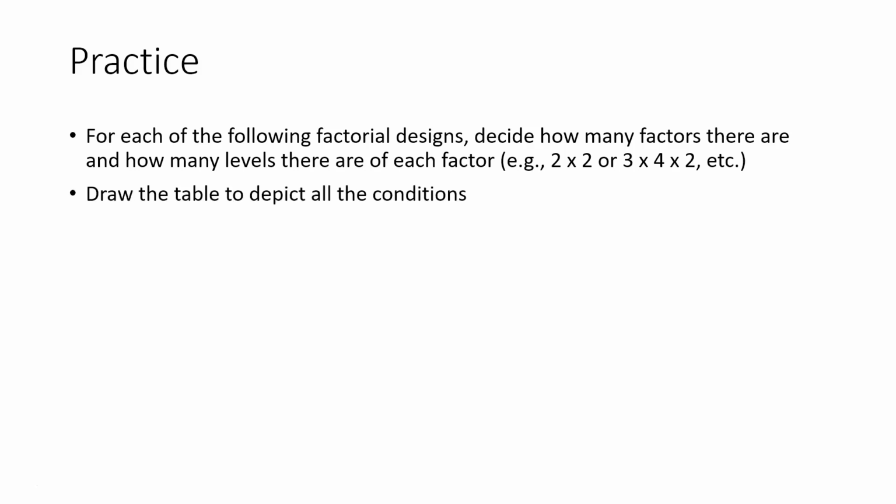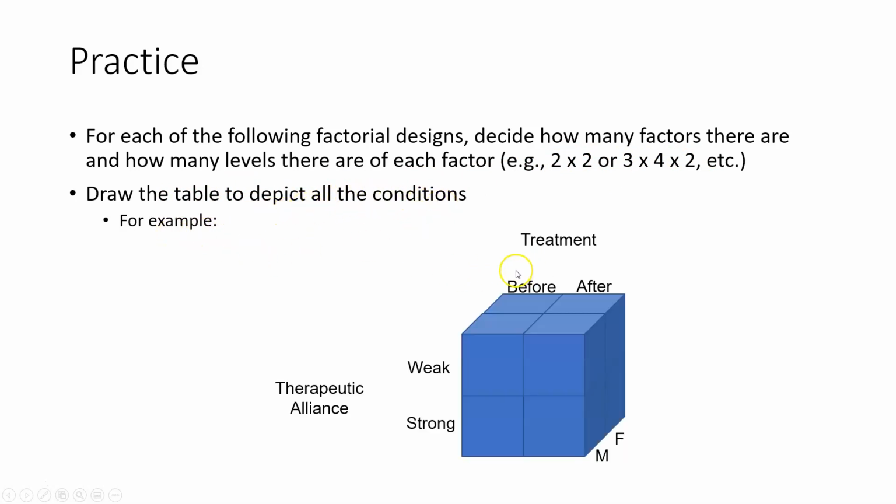After you finish figuring out the number of levels in each factor and the number of factors there are total, draw the table to depict all the conditions. For example, that might look something like this. Remember back to when we had a factor, therapeutic alliance, with weak and strong, a treatment that was before and after, and a variable of sex, which was male and female.